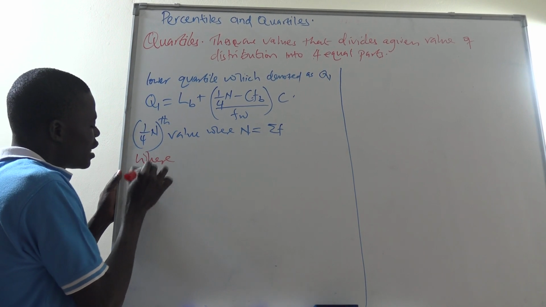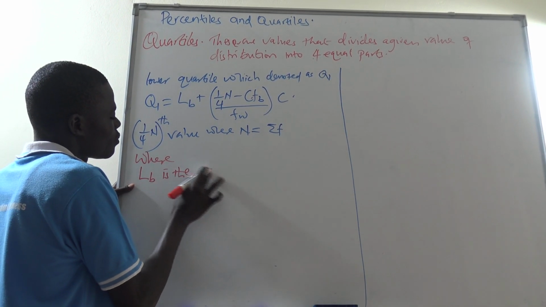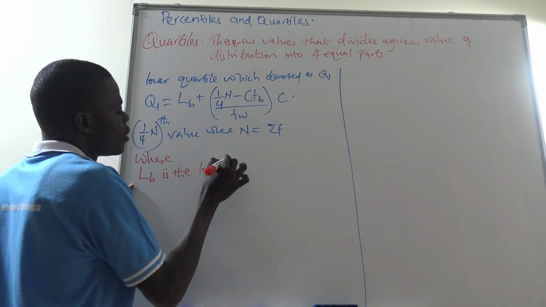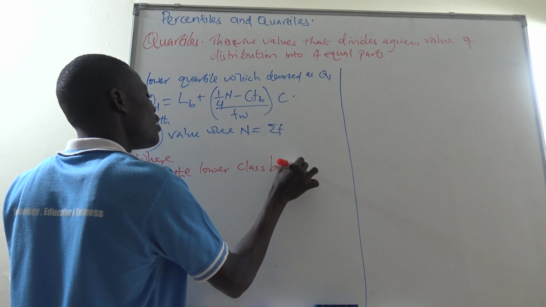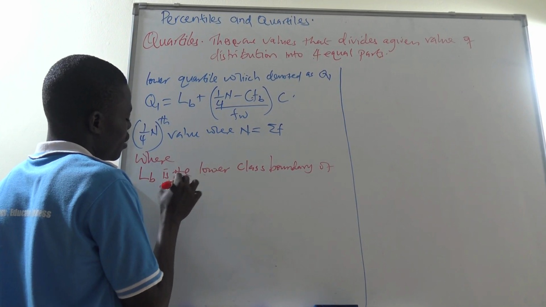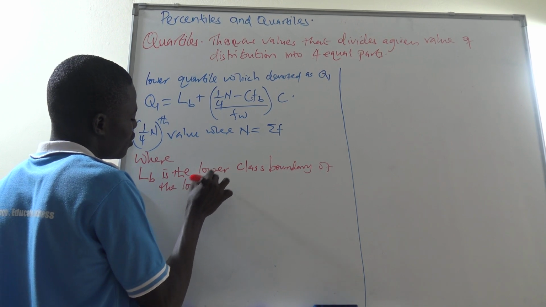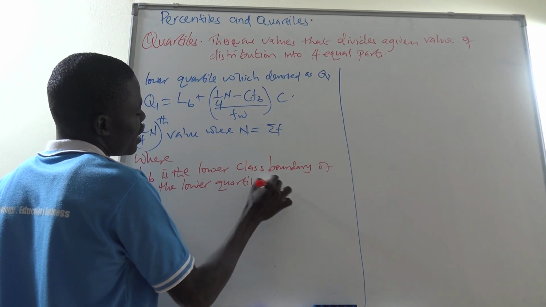The first one, LB, is the lower class boundary of the lower quartile class.